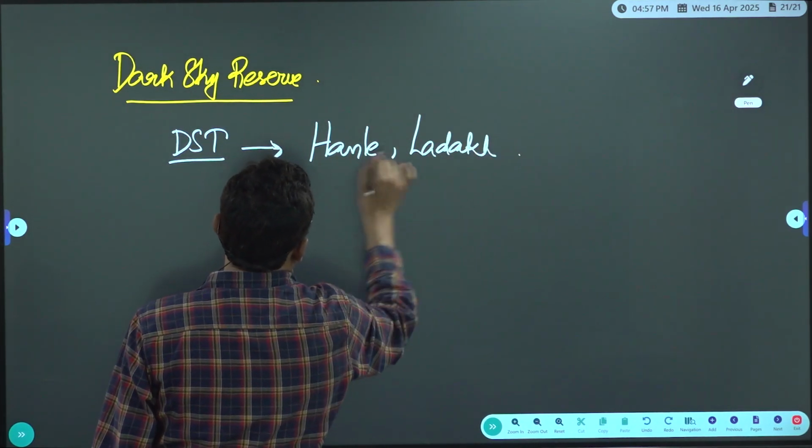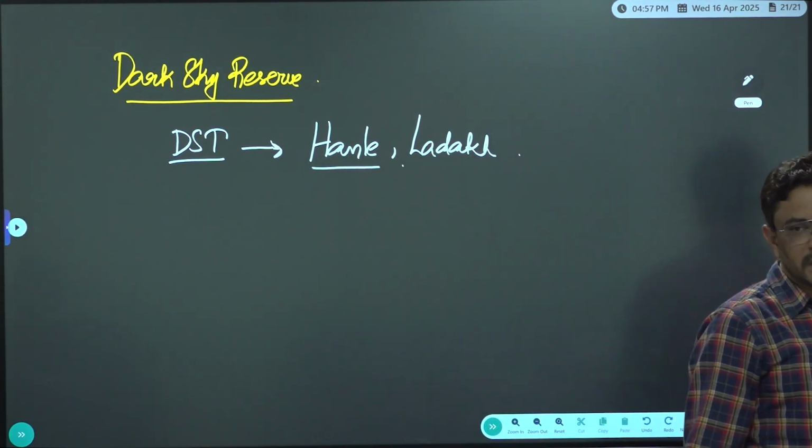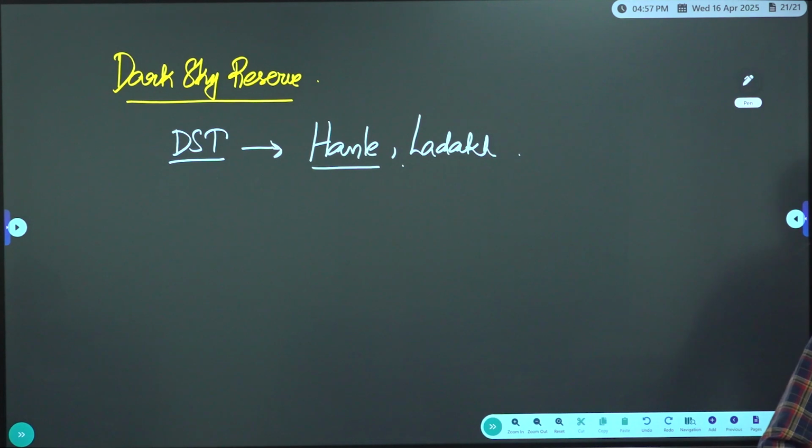So recently the DST announced the setting up of India's first dark sky reserve at a place called Hanle, Ladakh.